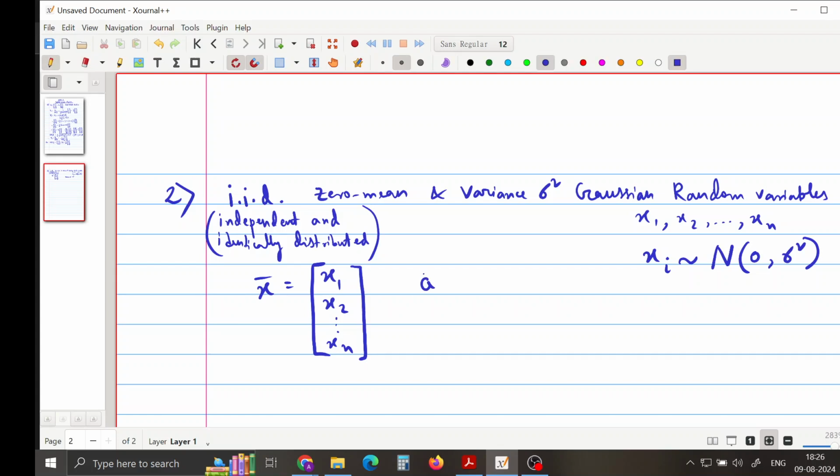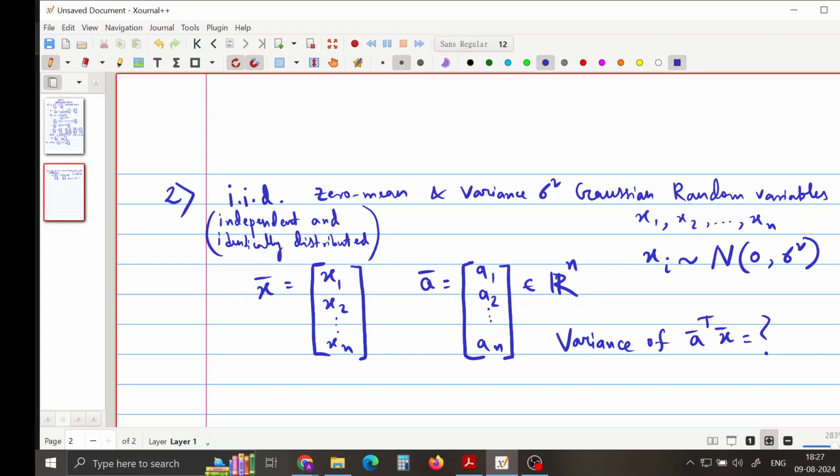Basically your A is given as A1, A2, all the way till AN. This vector belongs to the n-dimensional real vector space, so A1, A2 and so on are real numbers. So what is the variance of A transpose X?